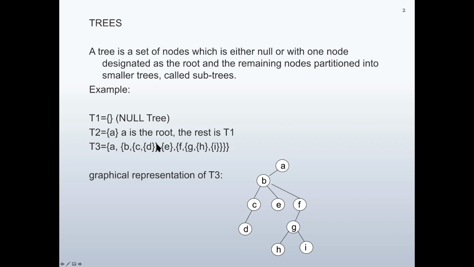And there is another node for B here, which is containing node E. And the other subtree under B is the subtree starting with node F. F has a subtree with root G, and G has subtrees with nodes H and I, and these subtrees don't have any more subtrees. So this is the graphical representation of T3.